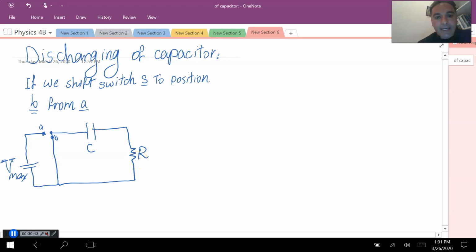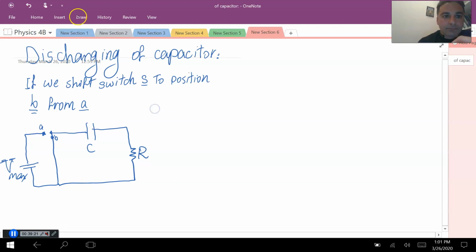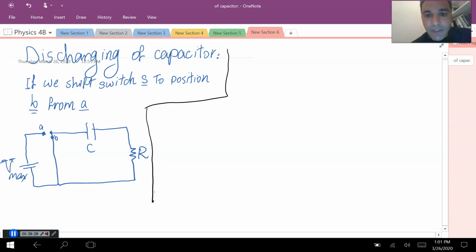So let me start to do the equation. Using Kirchhoff's voltage rule, which says total voltage is 0, how many electric pieces do I have?